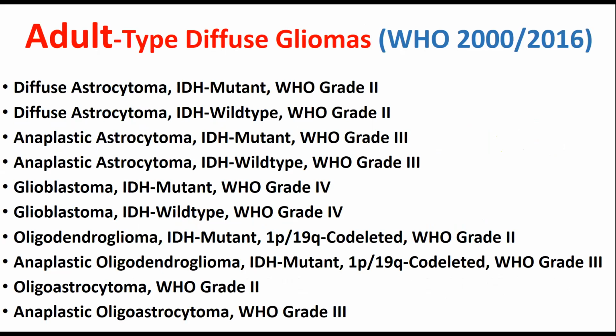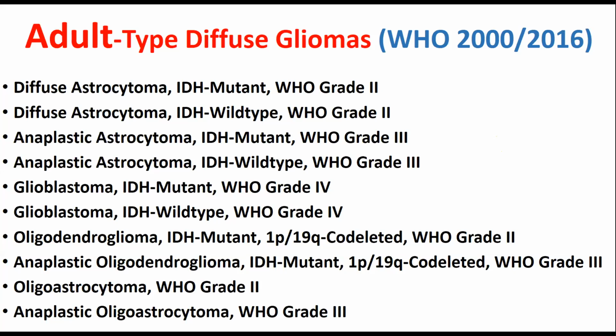These were all of the diagnoses possible if you combine WHO 2000 with what we know about IDH mutant and wild type: diffuse astro, IDH mutant grade 2, IDH wild type grade 2, anaplastic mutant, wild type, glioblastoma mutant, wild type, oligo mutant, anaplastic oligoastro, anaplastic oligo. All of those were categories, if you will, of disease, categories and grades.